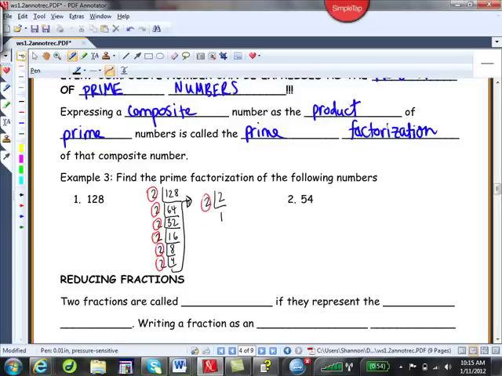So what have we found out? 128 equals 2 multiplied to itself 1, 2, 3, 4, 5, 6, 7 times. 2 times 2 times 2 times 2 times 2 times 2 times 2. This could also be written as 2 raised to the 7th power. So these are both correct.